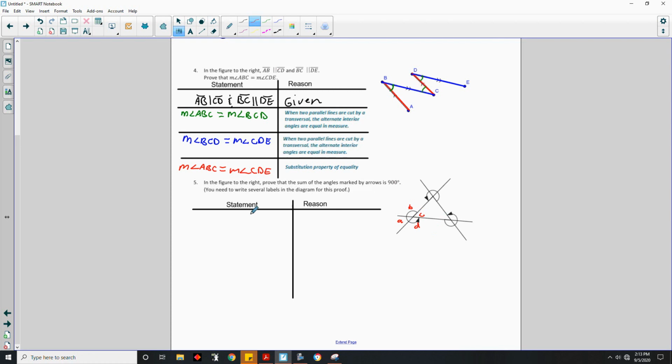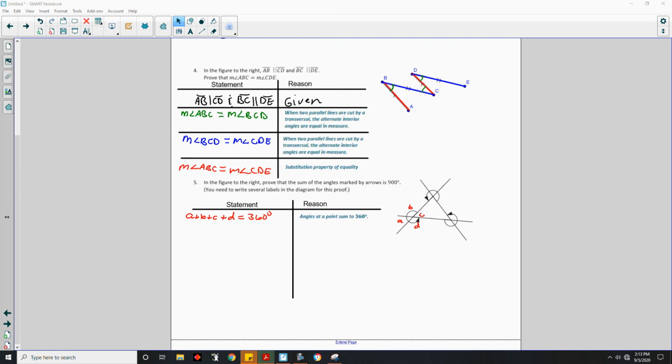And then over here I'm going to say A plus B plus C plus D equals 360 degrees. Reason? Angles at a point sum to 360 degrees.